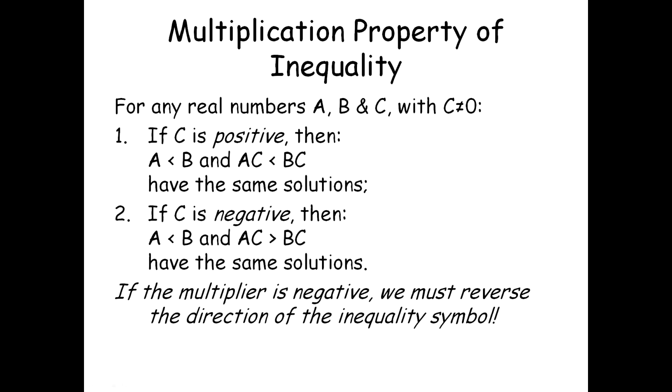So if C is positive, then A is less than B, and A times C is less than B times C. These are the same solutions. But if C is negative, A is less than B, and A times C flips over, so it's now greater than B times C. It's the same solution. We must reverse the direction of the inequality symbol.